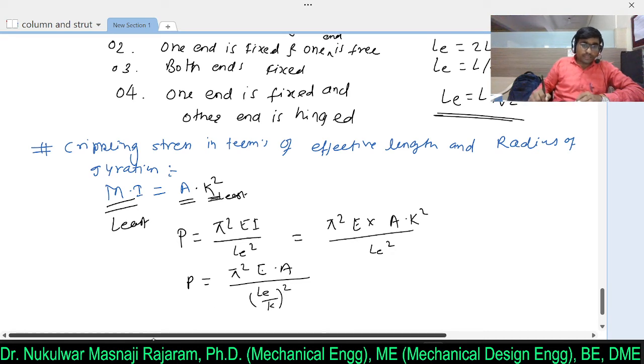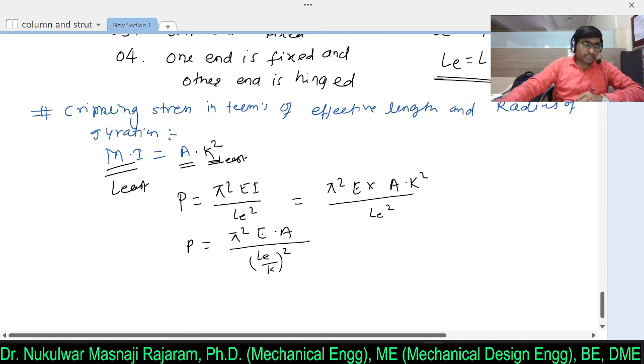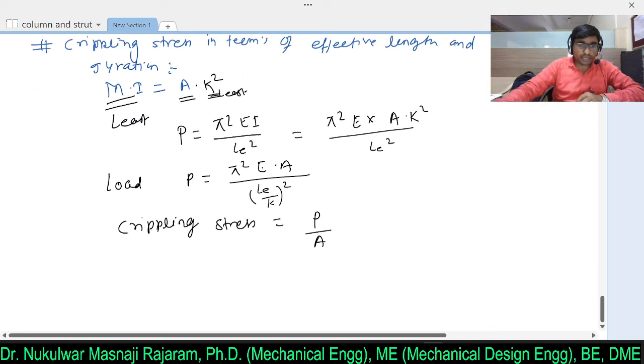Clear? Now this is the crippling load, and if I consider the crippling stress, then I can write force divided by area.